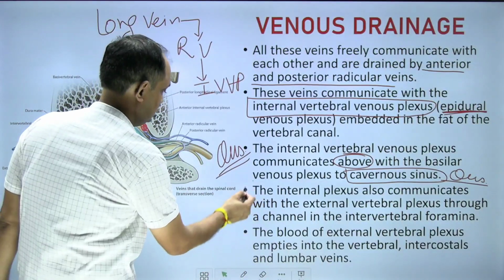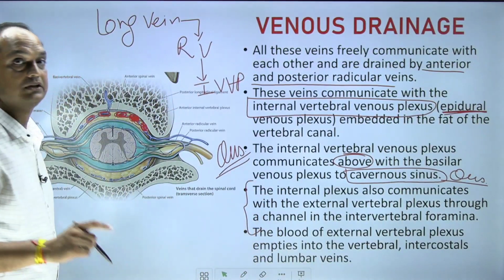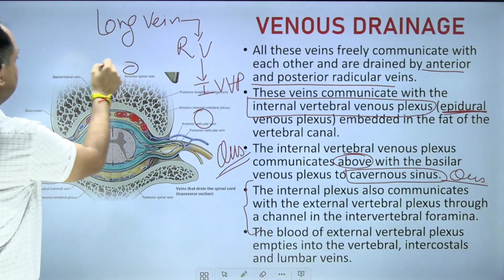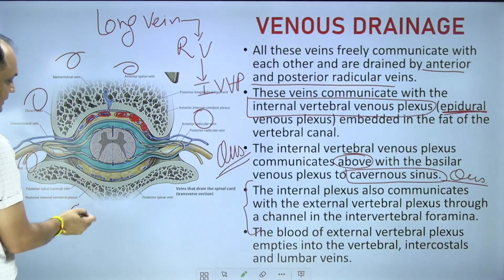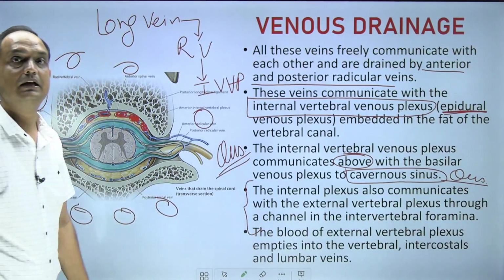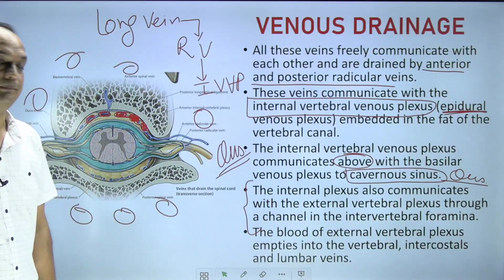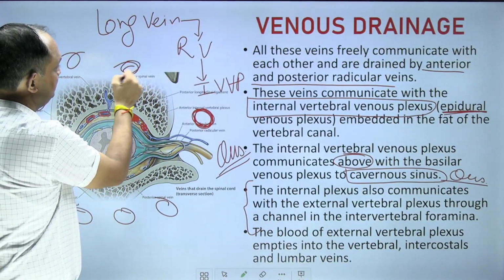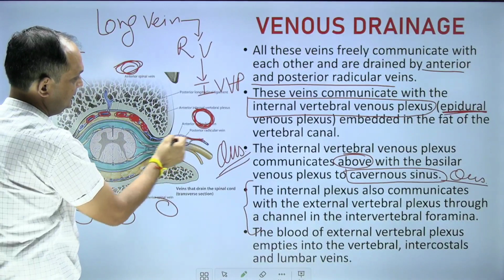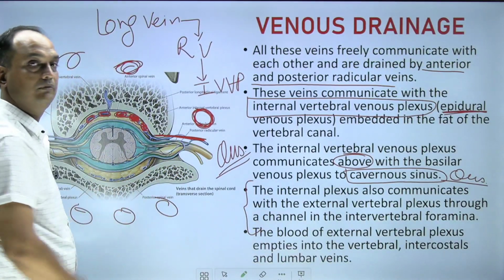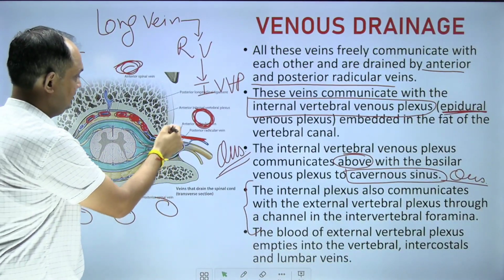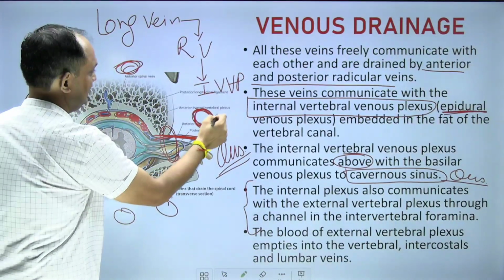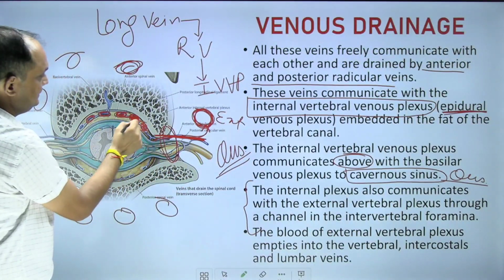Now what do you mean by this? When you see the external vertebral venous plexus, these are the veins present outside the vertebral canal, or you can say outside the vertebral column. Now the connection between the external vertebral venous plexus and the internal one is through the intervertebral foramina, and through the intervertebral foramina the segmental veins come out and connect this external vein with this internal vein.